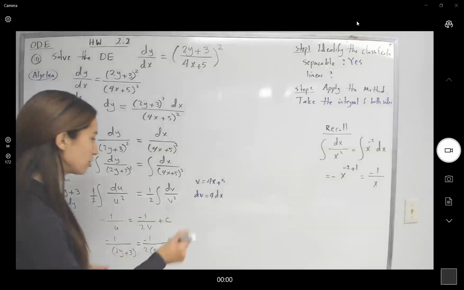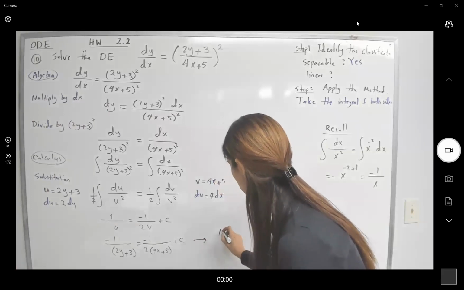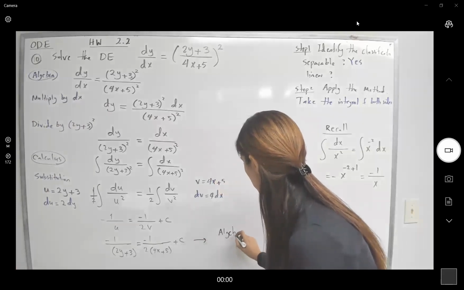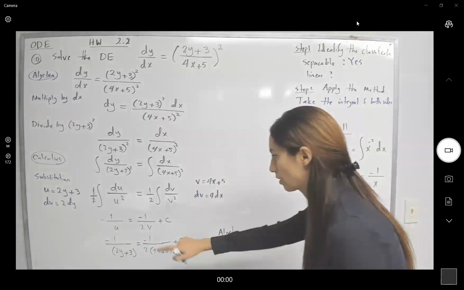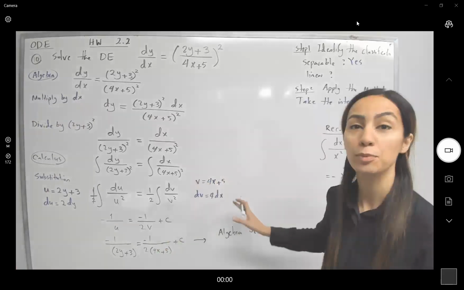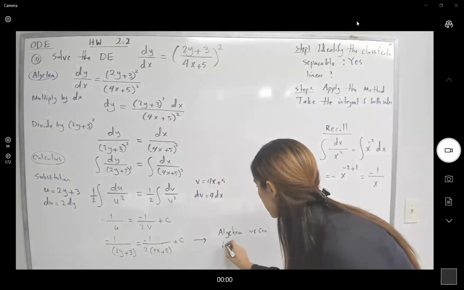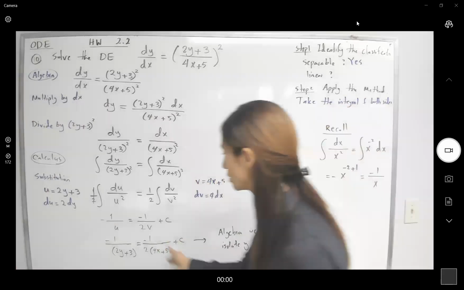So by doing algebra, we can write it in the terms that y is equal to an expression in x. We can isolate y. Or you can just leave it as it is.